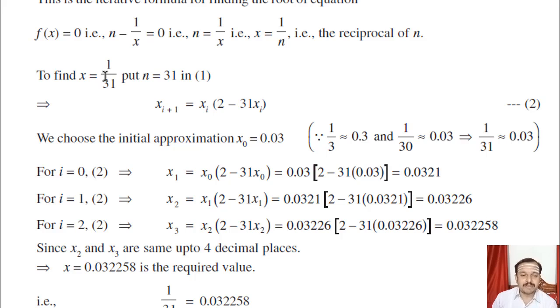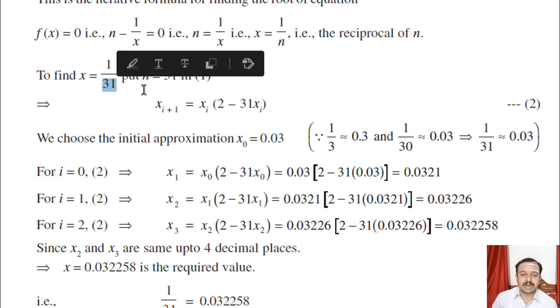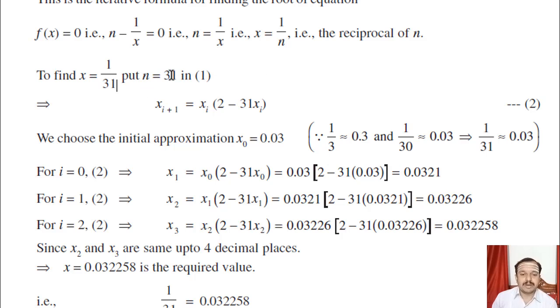So 1 by 31 means n here is 31, because x equal to 1 by n we were having. So we are substituting n equal to 31 in equation number 1, and the n value is being substituted and everything is as it is.